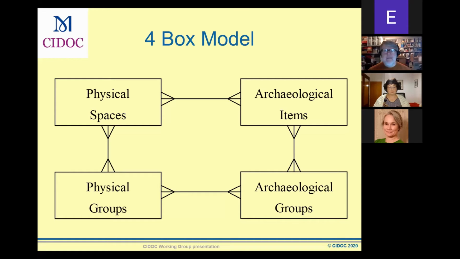And then when we start creating archaeological groups, we're going to have sets of physical spaces which represent the set of places where all of the component parts of the archaeological group exist. And so this was the simple 4-box model which allowed us to talk about that conceptualization.